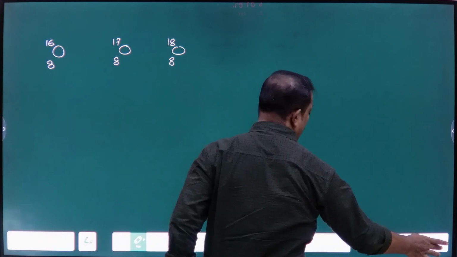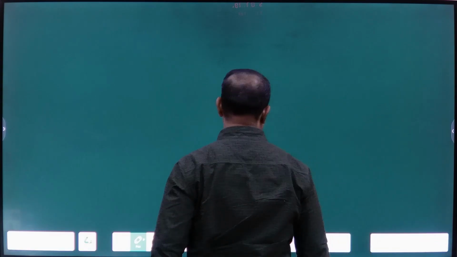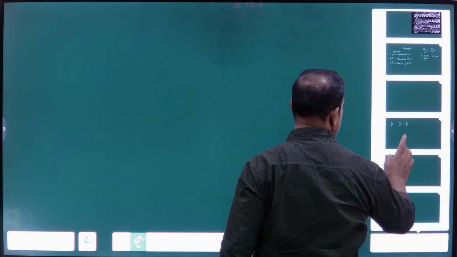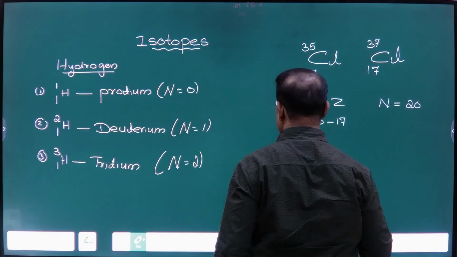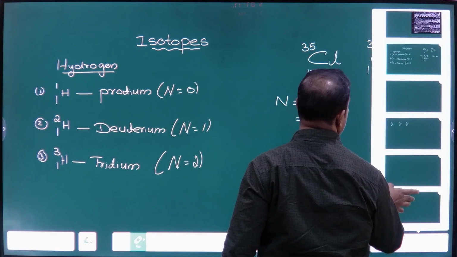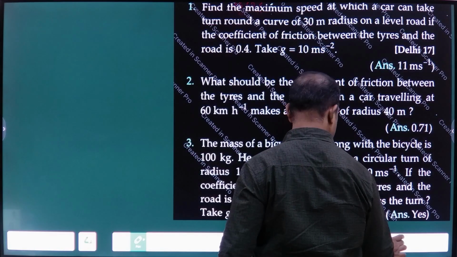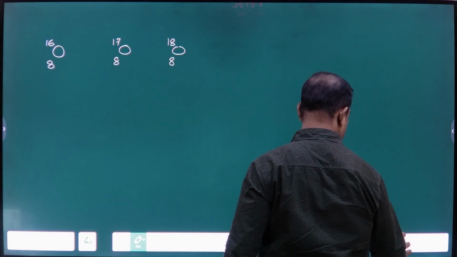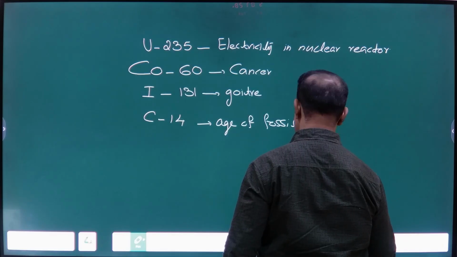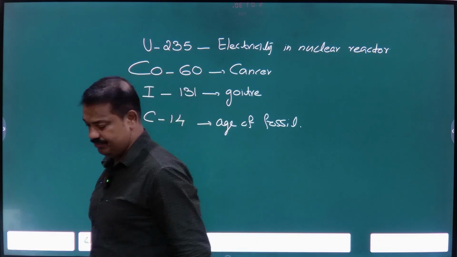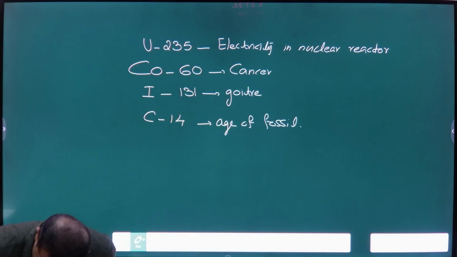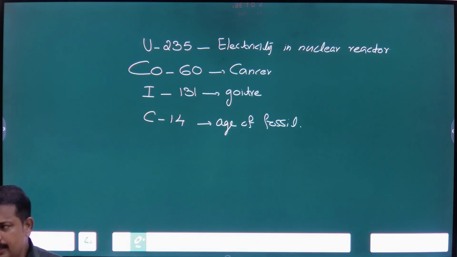An isotope of uranium, write in bracket U-235.